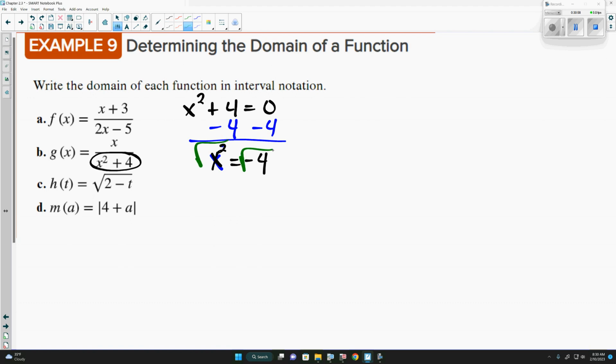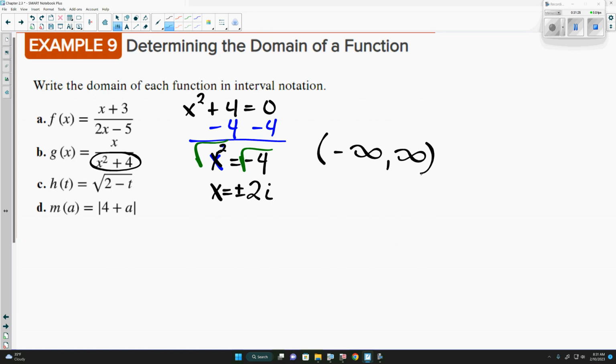Square root, square root. x is equal to plus or minus... Well, what is the square root of negative 4? It is 2 what? Is that a real number? No. So is there any way I can make the denominator 0? No. So the domain is all real numbers.